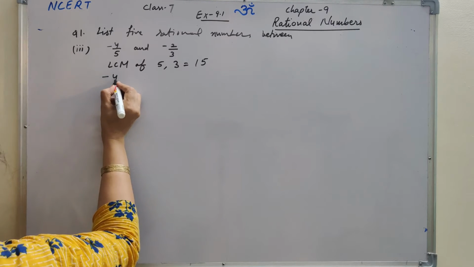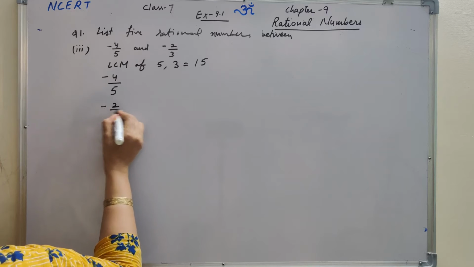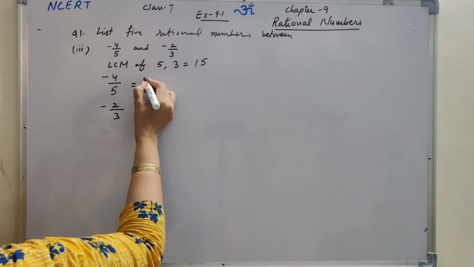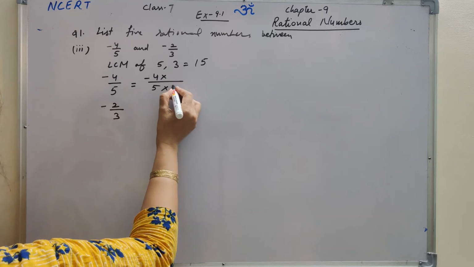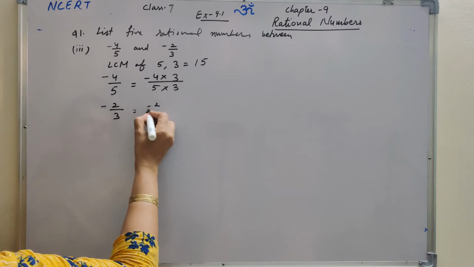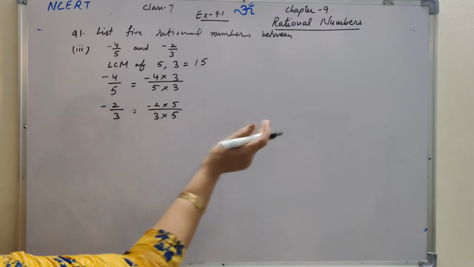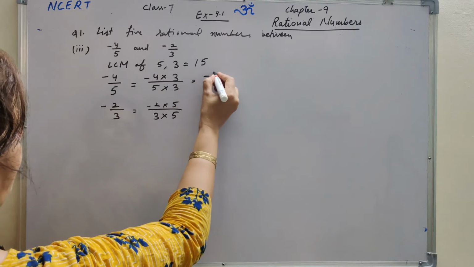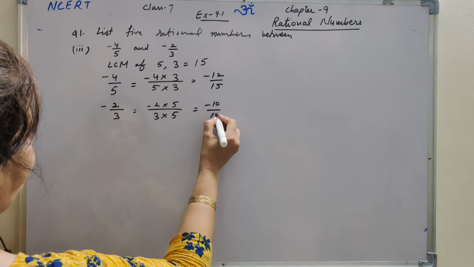Now if I take my first rational number minus 4 by 5 and minus 2 by 3 and change their denominator into 15, that means I need to multiply by 3. Then it will come 5 3s are 15, and here minus 2 by 3 I need to multiply by 5 because 3 5s are 15. It will give me minus 12 by 15 and minus 10 by 15.